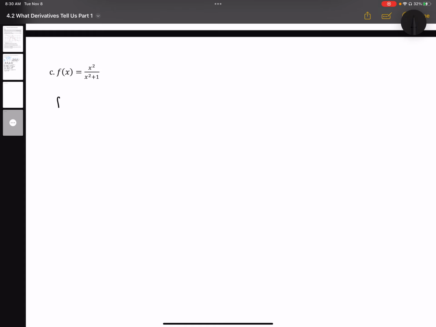So let's see. So f prime of x is going to be our low function, which is x squared plus 1, times the derivative of our numerator, which is 2x, then minus the numerator times the derivative of the denominator, which is 2x, and we divide all of that by x squared plus 1 squared.